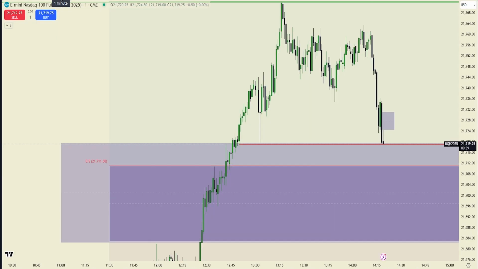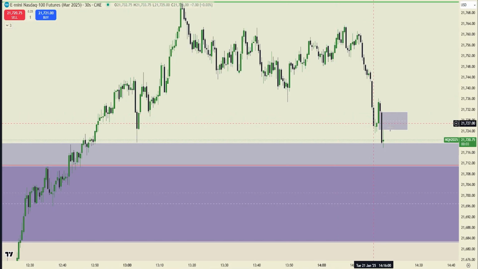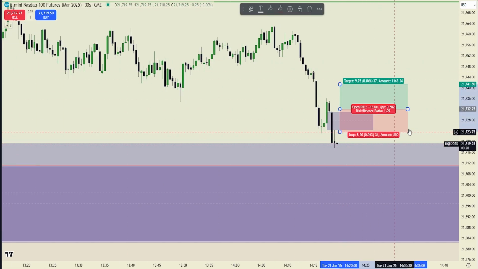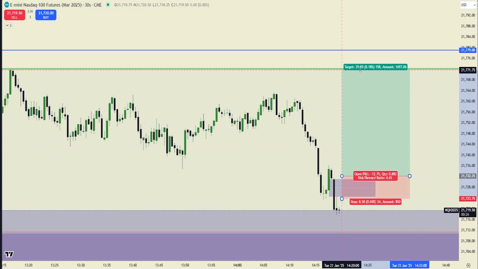We made equal lows in the 1 minute, so we need to sweep those too. There we go, okay, we got them. All right, now we just need no displacement below the previous low, and then we just need to see a nice solid candle back up over this, targeting these.